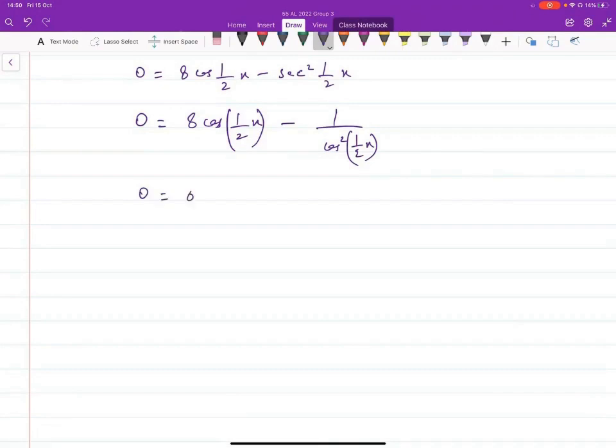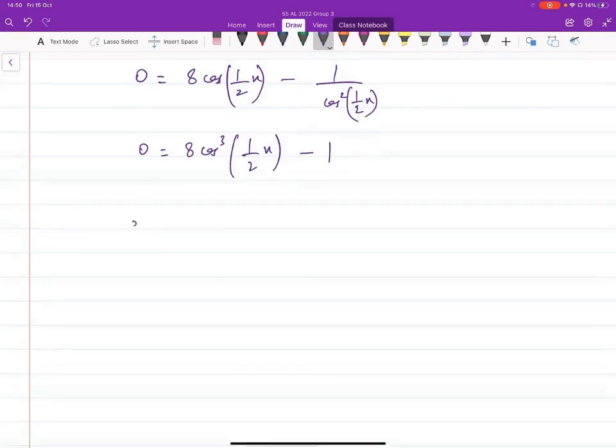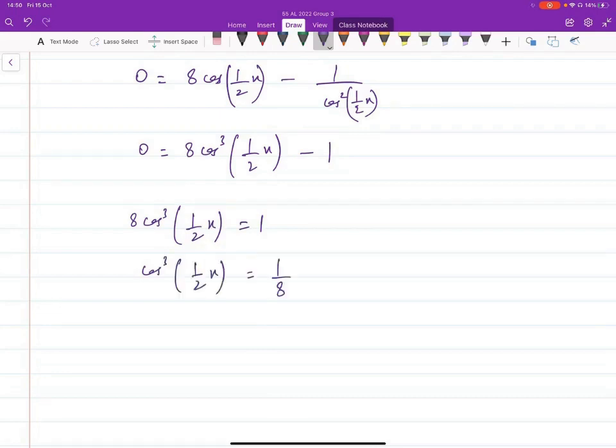We have 8 cos cube half x minus 1. Now you can solve this. It becomes 8 cos cube half x equals 1. And then cos cube half x equals 1 over 8. You take cube root on both sides. It becomes cos half x equals 1 over 2.